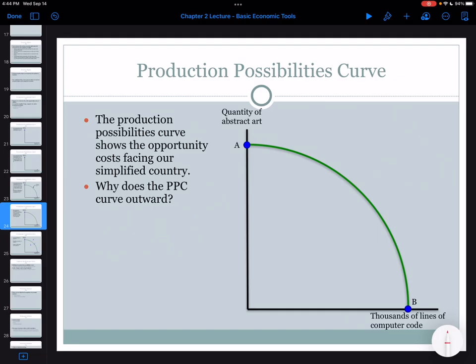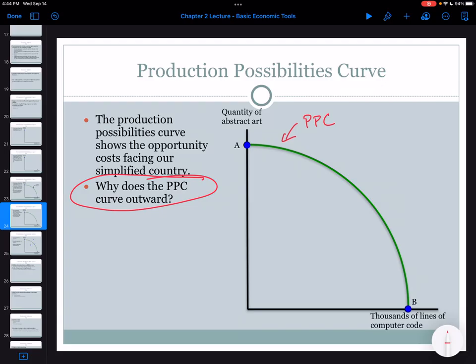All right. So far so good. I've got my production possibilities curve here. I've got my maximum amount of art and code I could do. So I've got a question here. Why does the production possibilities curve curve outward? Why didn't I draw it as a straight line between point A and point B?